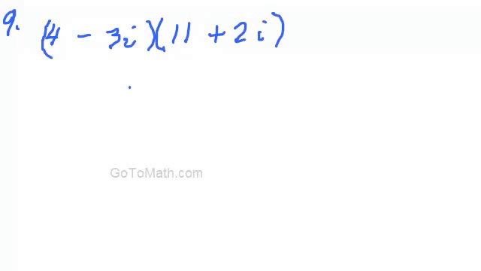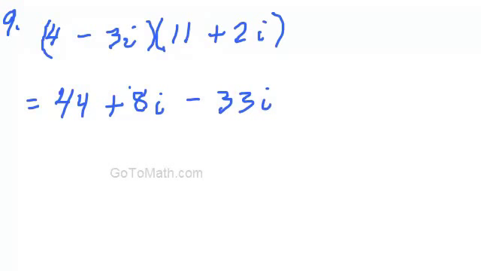So 4 times 11 is 44. 4 times 2i is 8i, right? Then negative 3 times 11 is negative 33i, right? And then negative 3 times 2 is negative 6i squared, because we have i times i.